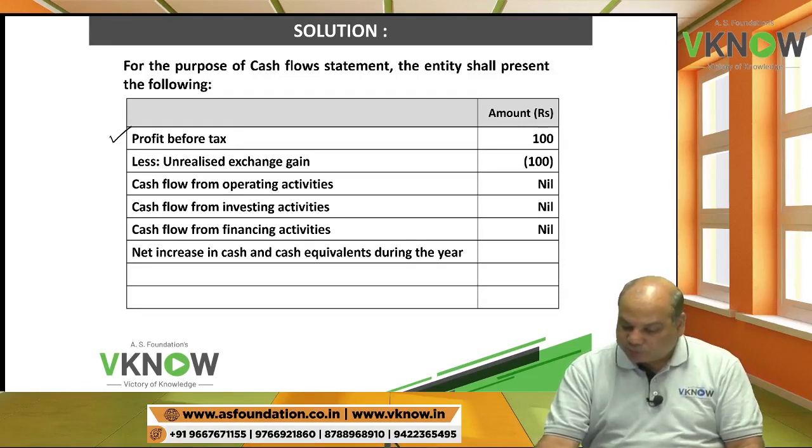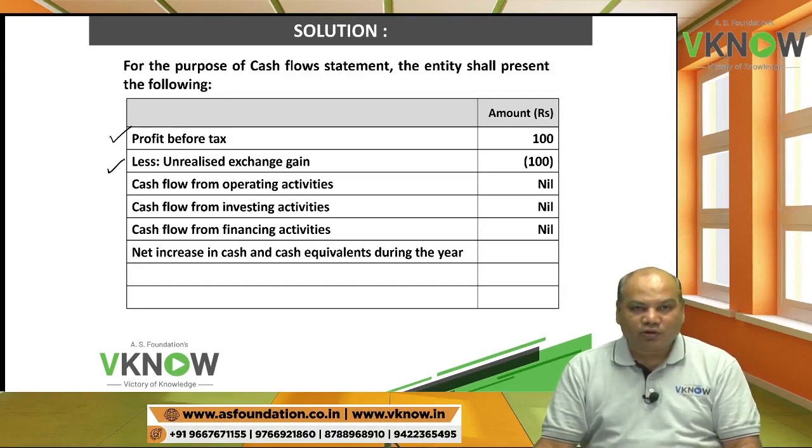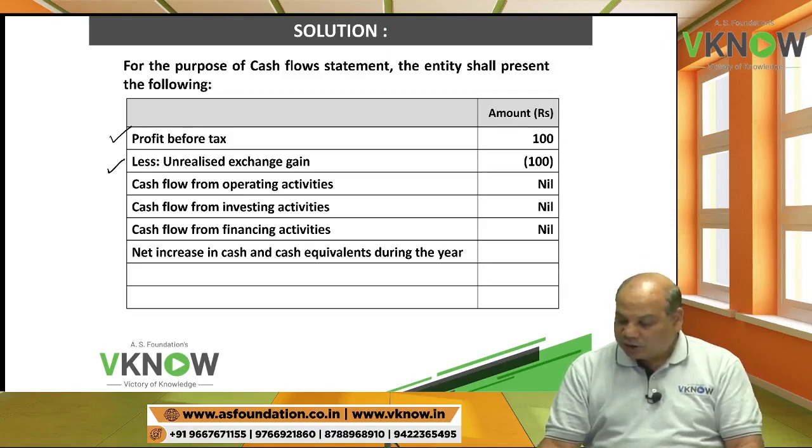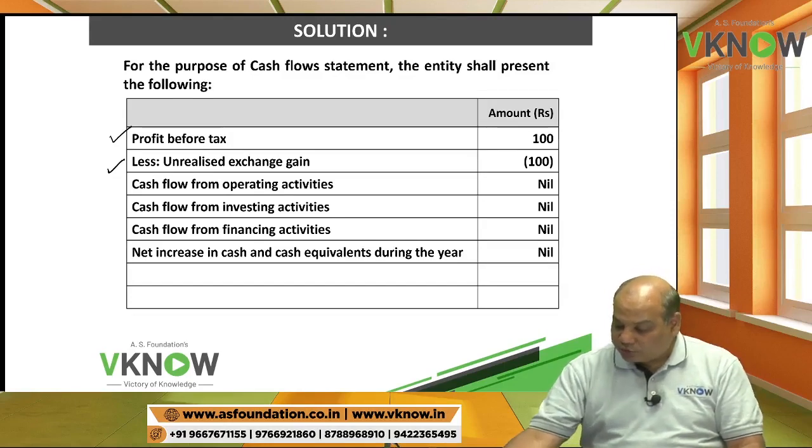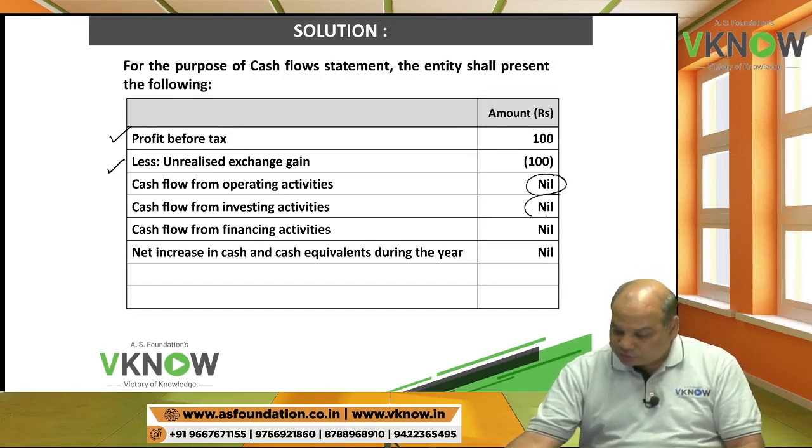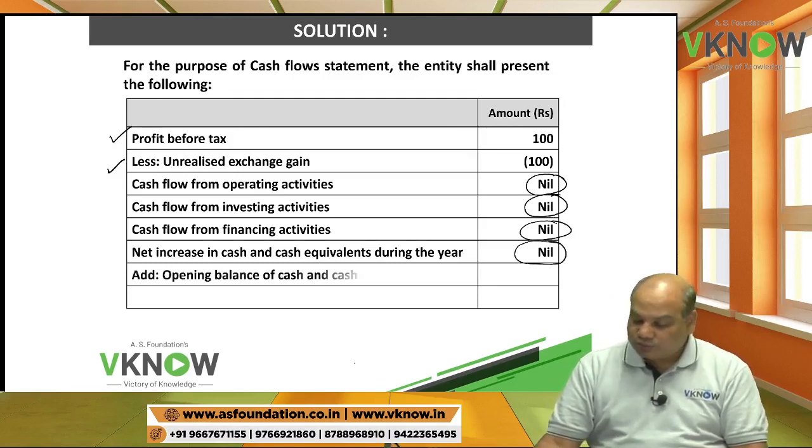So first you will write profit figure, reverse unrealized gain or loss, remaining item as it is. So your total is 0.